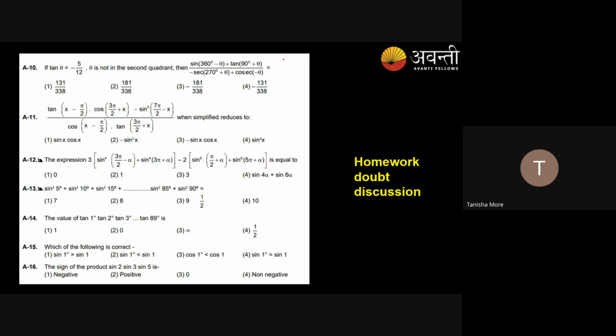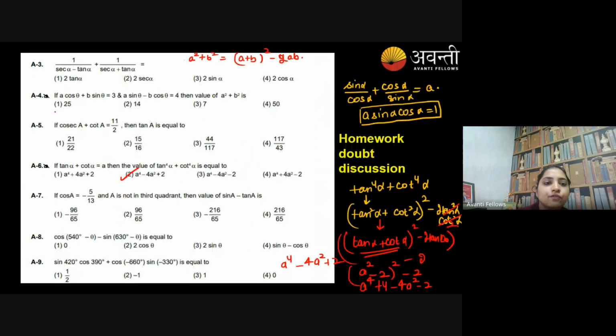Ma'am, A4, can you explain? A4. a cos theta plus b sin theta is 3. a sin theta minus b cos theta is 4. I need to calculate the value of a square plus b square, right? This you want to do, na? Yes, ma'am.